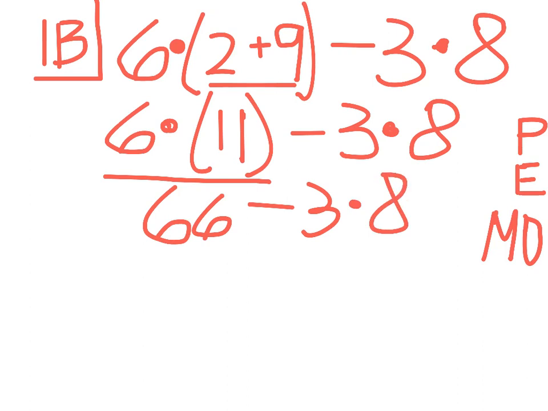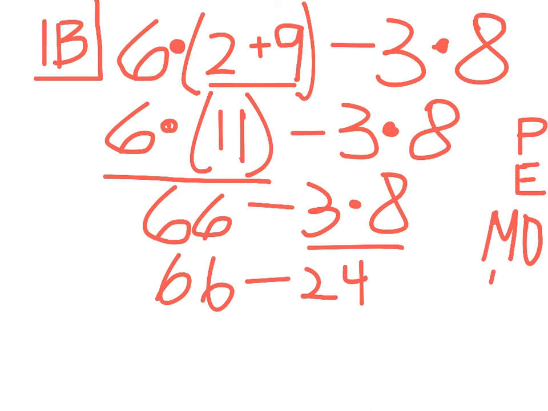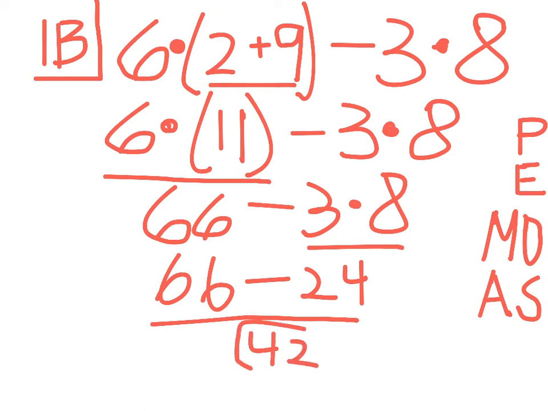Again, I'm still on multiply or divide, so I actually kind of skip all the way through there. 66 minus 3 times 8 is 24. And now, as you can see, I'm done with any multiply or divide, so I go into step 4, which is A or S. And the only step left is to subtract these, and I get 42. Make sure you write that out. If you're not sure, can't do that in your head, just write it over on the side, and you get your answer 42. All right, next example.